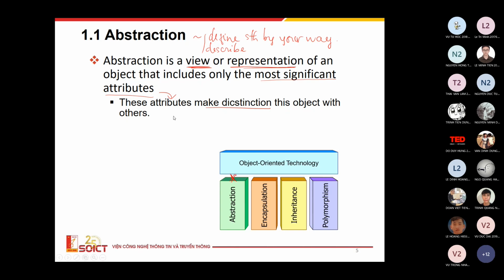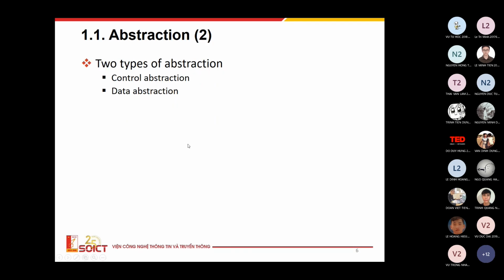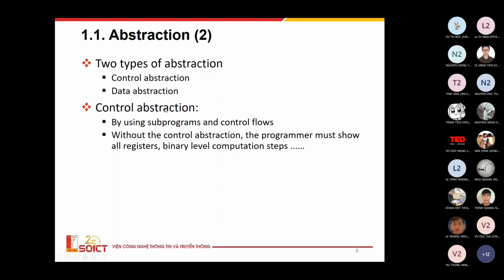Okay. And there are 2 types of abstraction. Maybe you know already from the first lesson. This is control abstraction and data abstraction. For control abstraction, that means how you describe the way the program runs, for example, how to run.